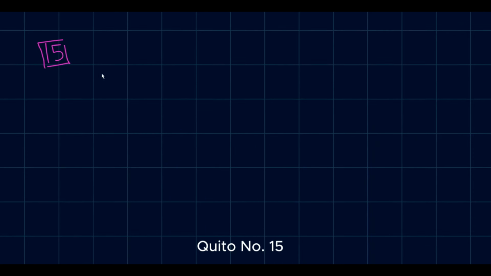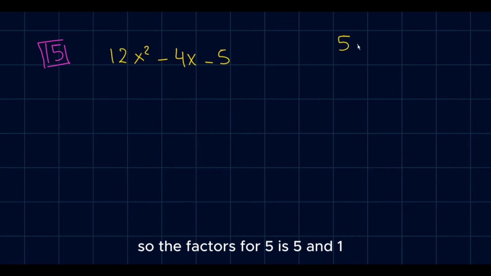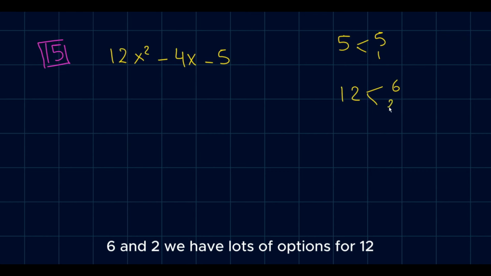Question number 15: 12x squared minus 4x minus 5. Okay, let's see. The factors for 5 are 5 and 1. The factors for 12 will be 6 and 2.